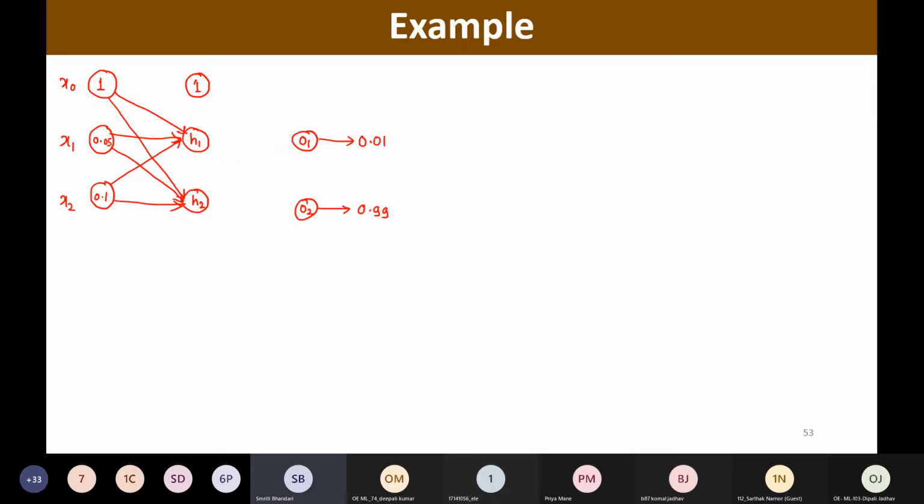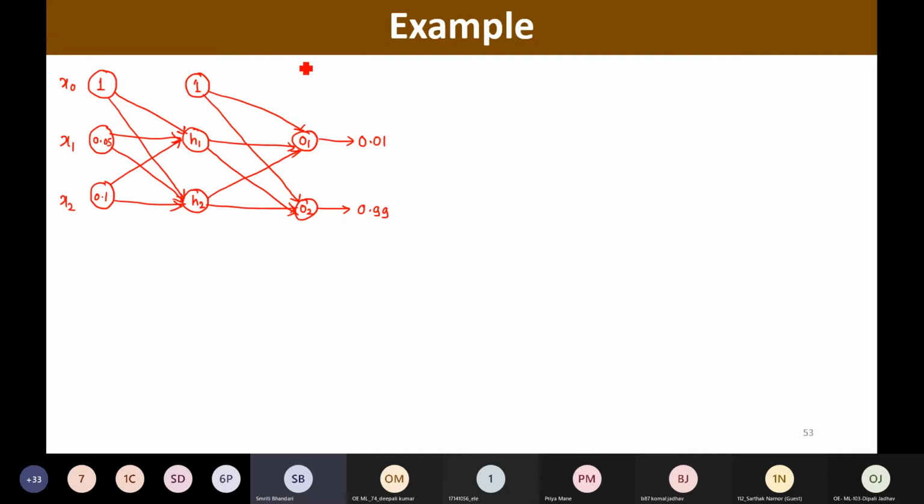Now from this h1 the input goes to O1 and O2. From this H2 also the input will go to O1 and O2. And this one also goes to O1 and O2. Now, associated with all those links or connections, we are having the weights.